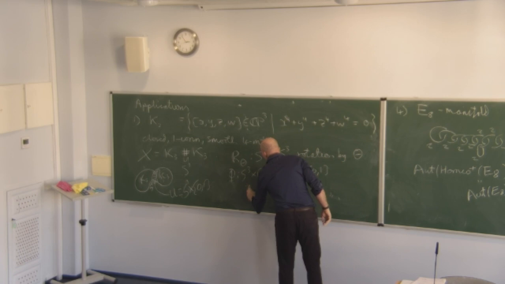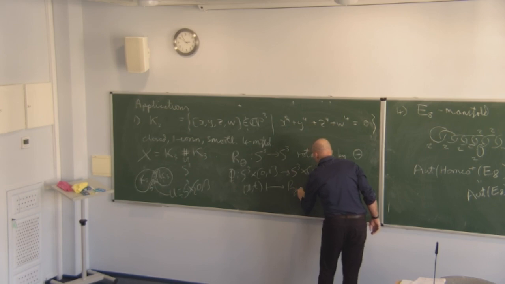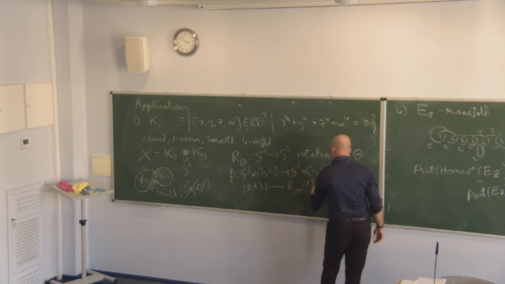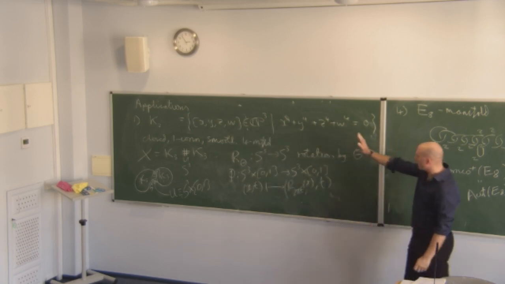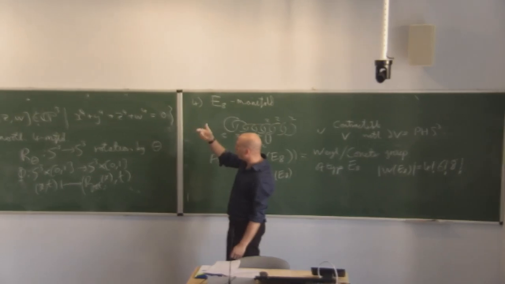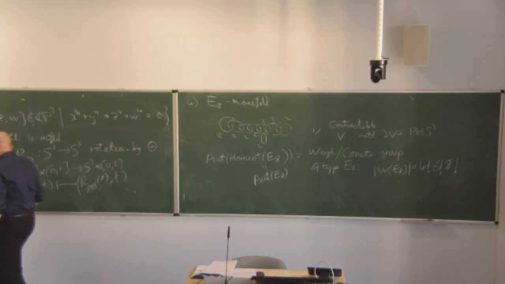This is like a Dehn twist. So I want to do R_{2 pi t} applied to x, comma t. So I'm going to start at doing nothing, and then as I go along, I'm going to do one full rotation of the S3 as we go along this collar coordinate.